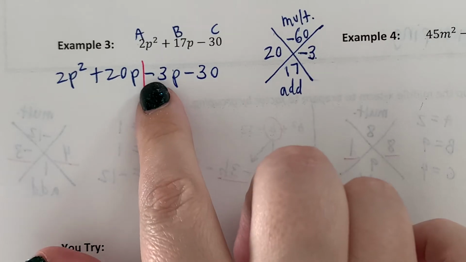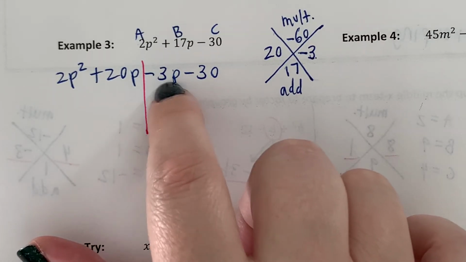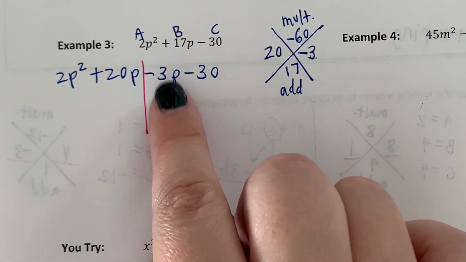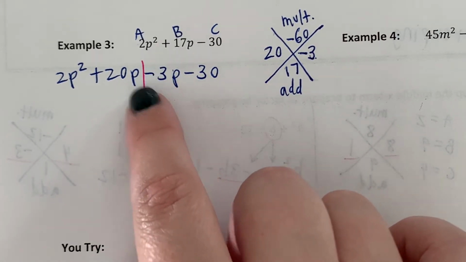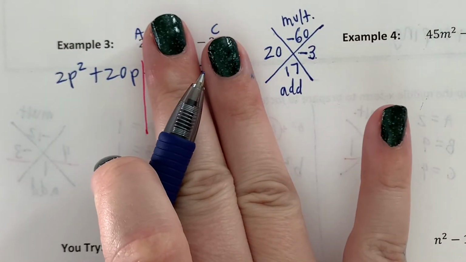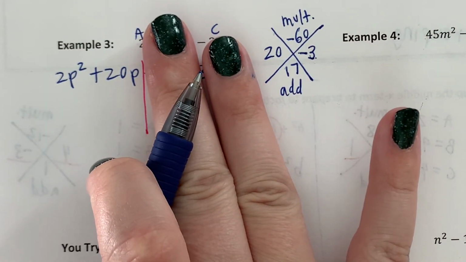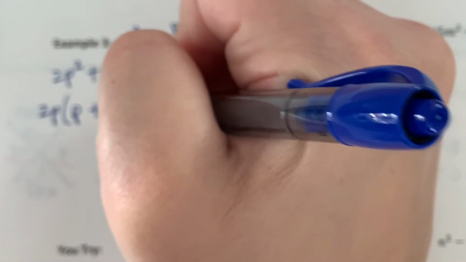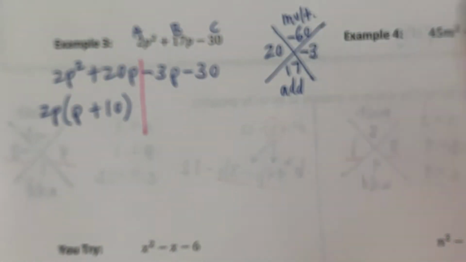Be very careful right away when I'm splitting it up. I'm noticing that my third term is negative. So when we get to that part, remember that when your third term is negative, you have to pull out a negative there. So in my first half, my GCF is going to be a 2p. 2p times p gives me 2p squared, and 2p times 10 gives me 20p.